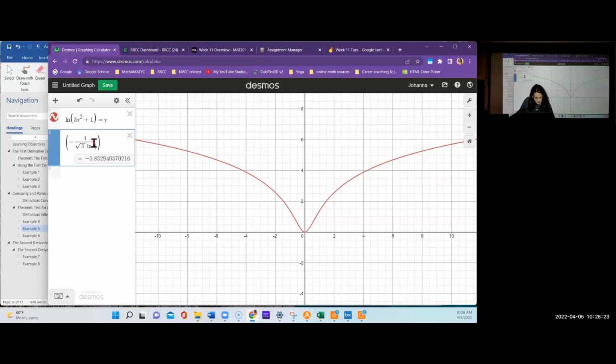Okay, let's start over. That didn't work out right. 1 divided by square root of 3, comma, natural log of 2. There we go. We'll label that. We'll copy it, paste it again, and take the negative off.